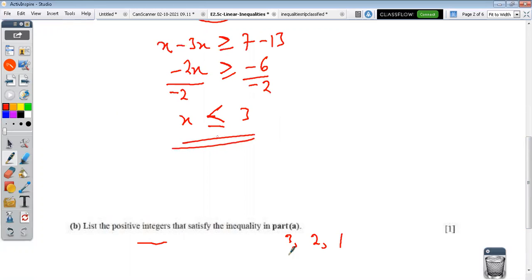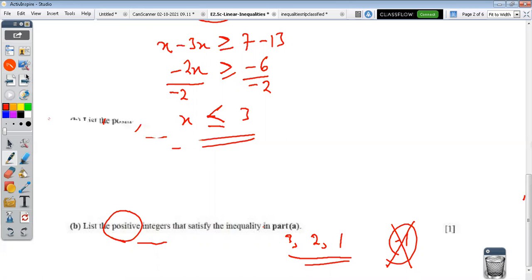If we list minus 1, it's not a positive integer. That's satisfied, but we're saying x is less than or equal to 3. So it starts from 3, 2, 1, 0, but they want positive integers. Clear? Whole numbers.